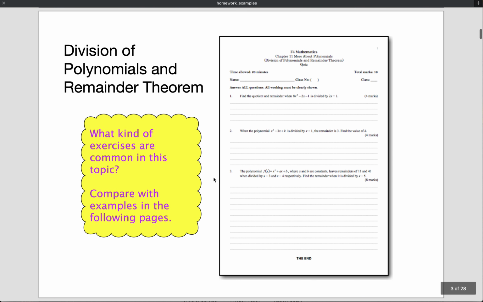The first one is about polynomials and the remainder theorem in higher forms of secondary schools. The page here is just an image of some common worksheets that you may usually come across in our textbooks or in our teachers' exercises.